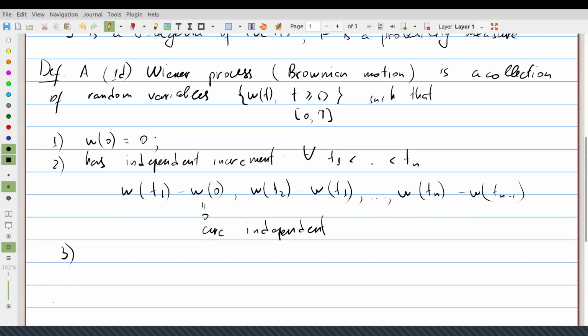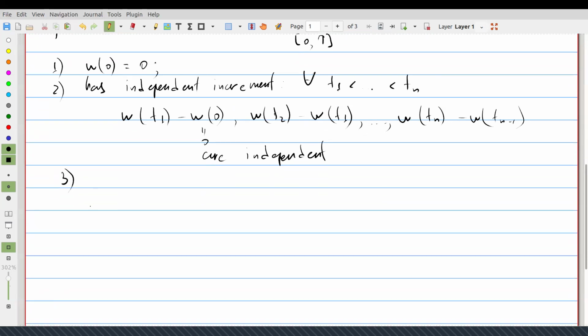And three is Gaussian finite dimensional distributions.